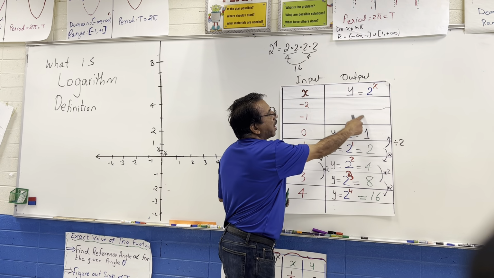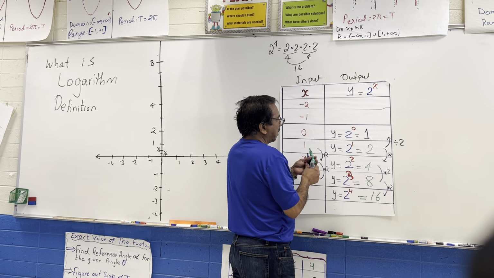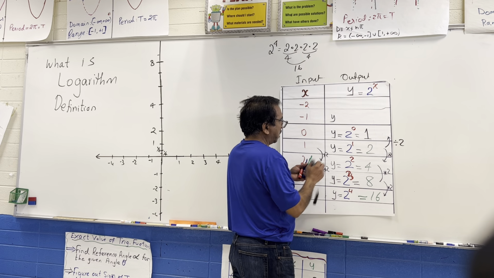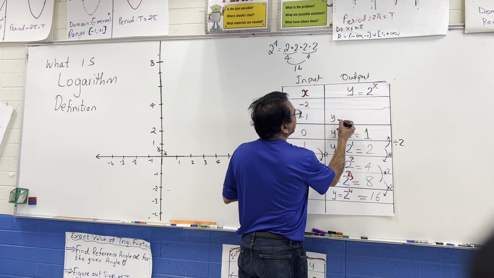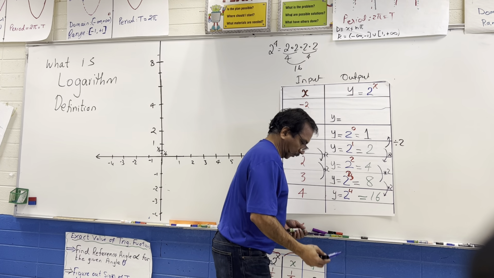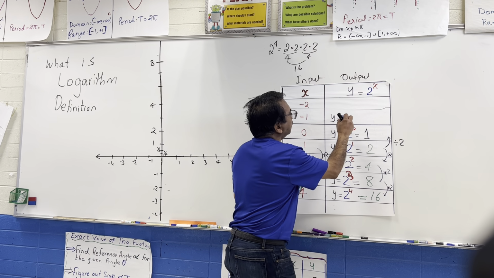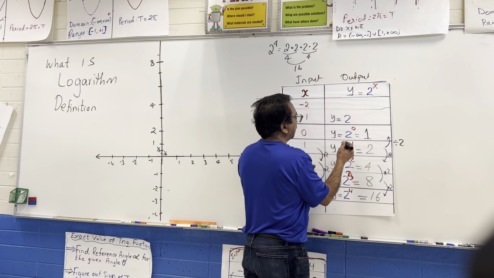What about the next one here? If this is 1, y equals 2 raised to, now the input is -1, so I'll put a minus 1.